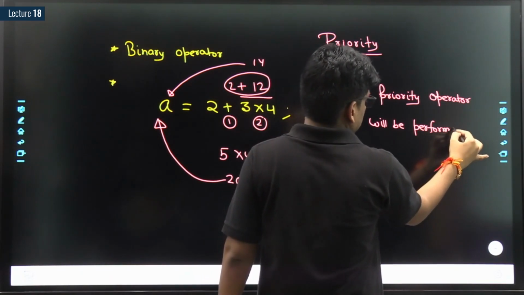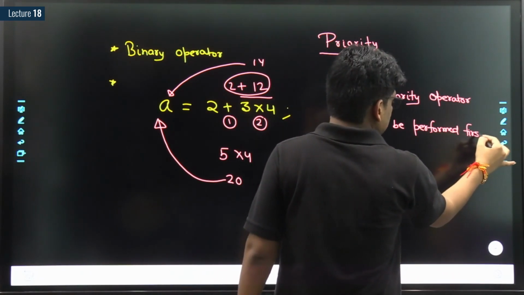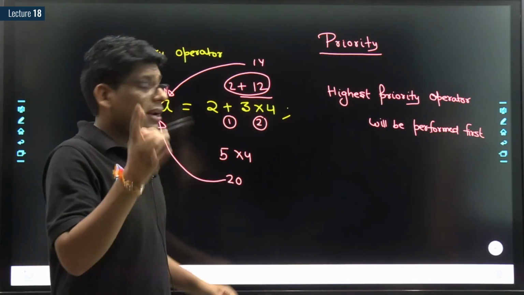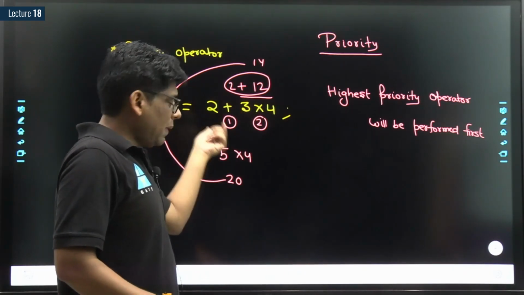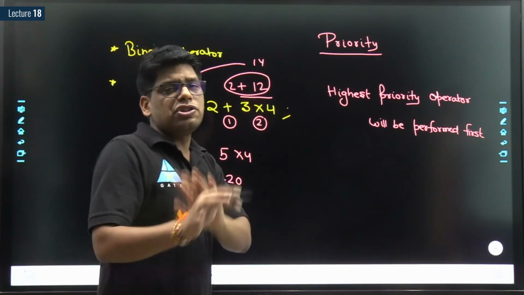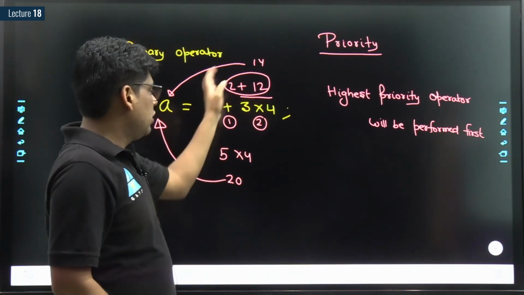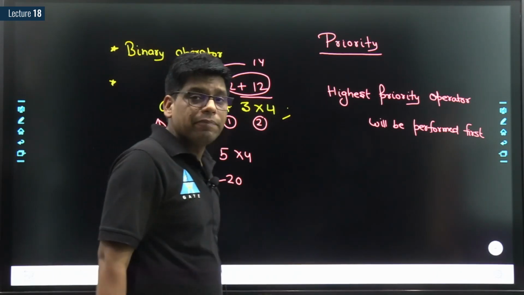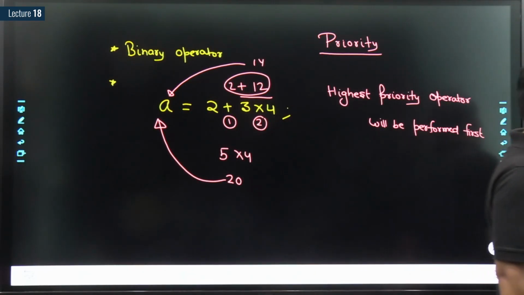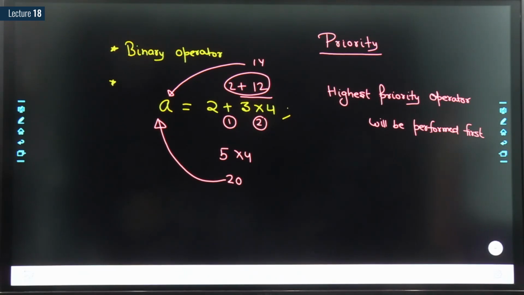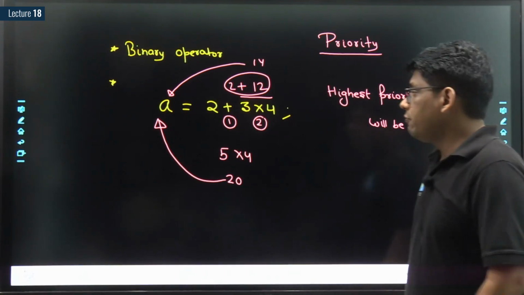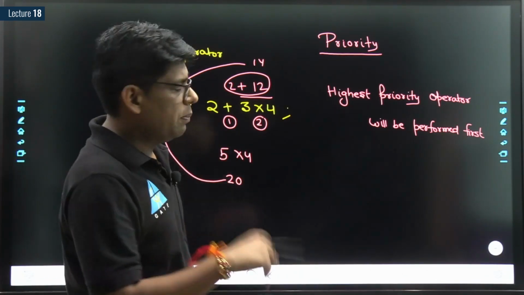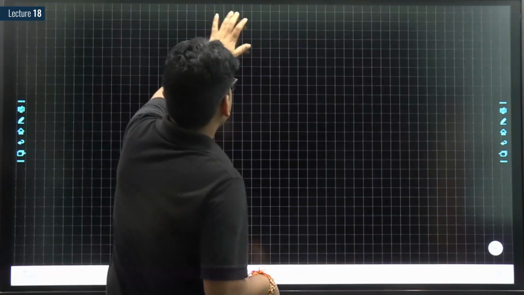That means if someone knows the priority of multiply and plus, whether multiply is of high priority or plus is of high priority, then he or she can tell what is the value of this expression, or what is the value that goes inside variable A. So, sir, what are the priorities of different operators? Different arithmetic operators. Okay, let's focus on this, sir.